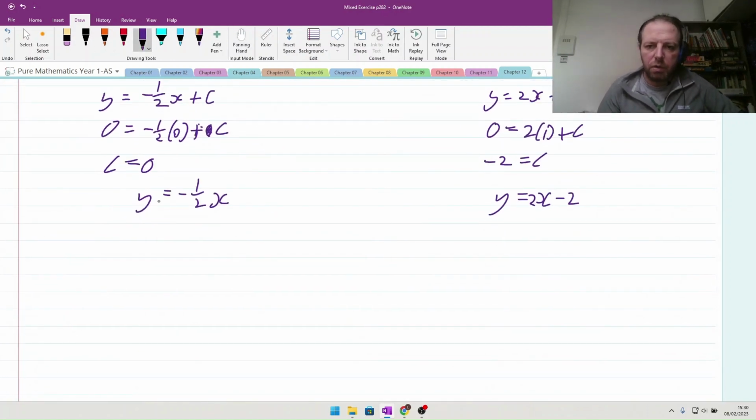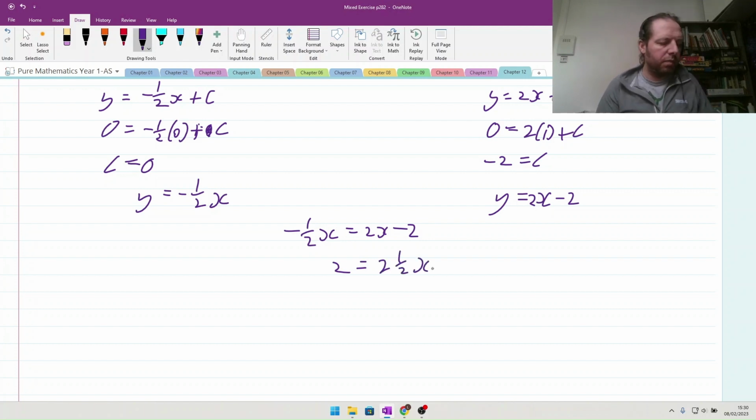So since we've got y equals, we can say that minus a half x equals 2x minus 2, so 2 equals 2.5x, and so 2 divided by 2.5 is 4/5. And so finally we can substitute it back in here.